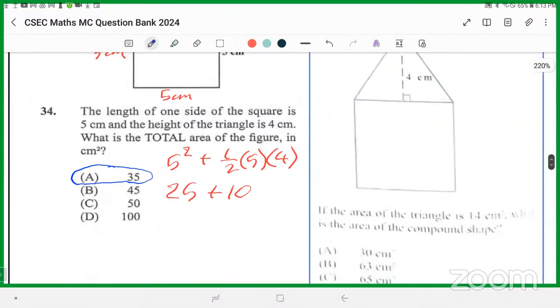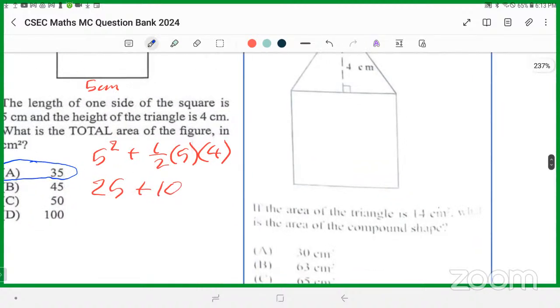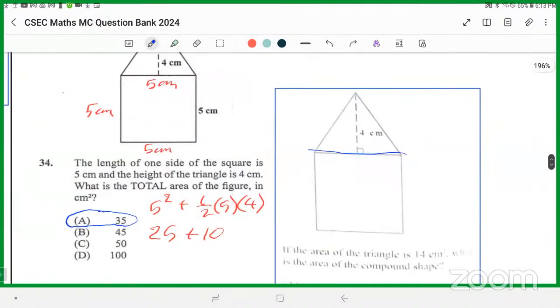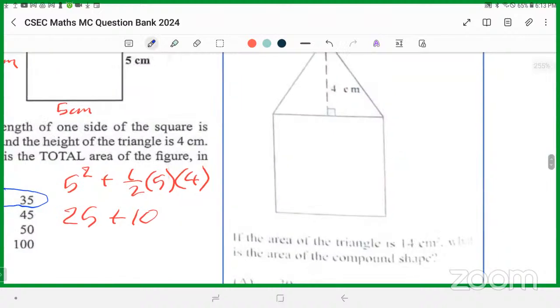Over here, they said, if the area of the triangle at the top is 14, what is the area of the compound shape? And this is a square again. So this question is forcing us to find the base, which is the length of the side of the square, by telling us that the area of the triangle at the top is 14.